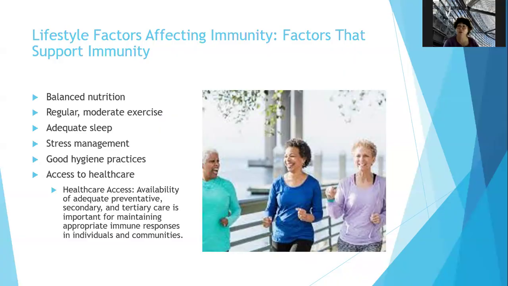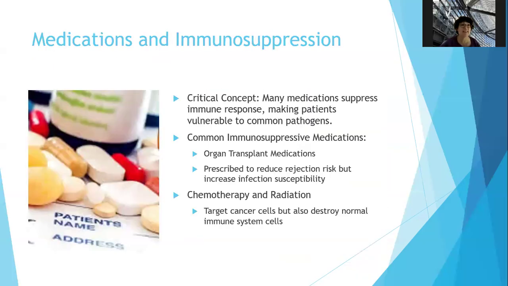Washing your hands is one of the most important hygiene practices you can do on a regular basis to stop the spread of infection. Access to healthcare is really important for supporting immunity. Availability of adequate preventative, secondary, and tertiary care is important for maintaining appropriate immune responses in individuals and communities. And that's an issue. We'll talk more about that.